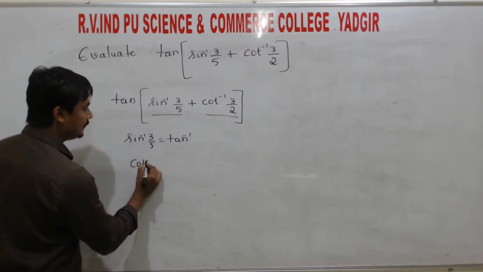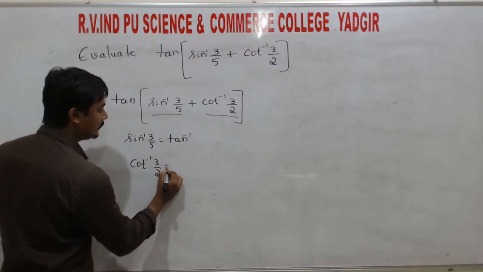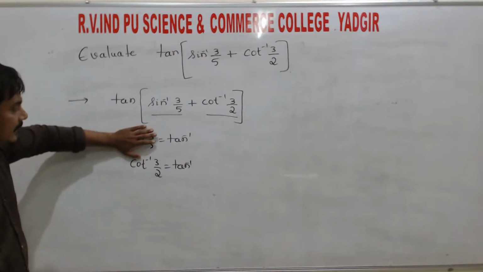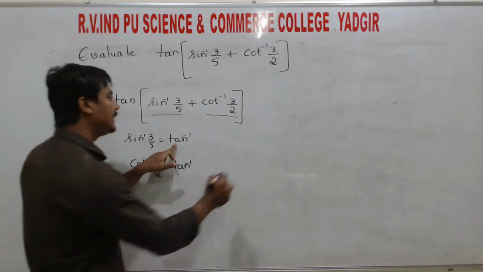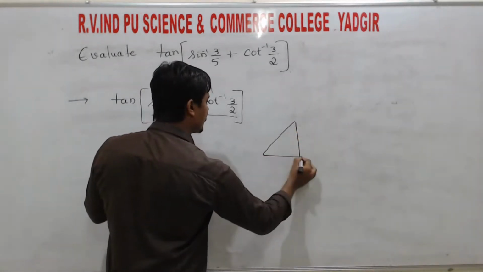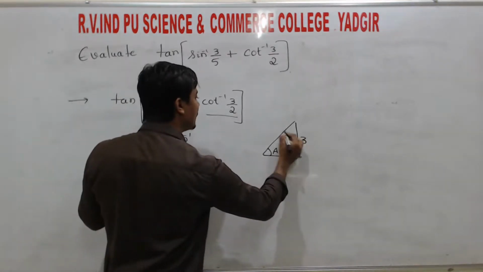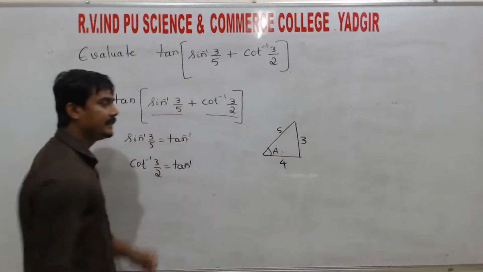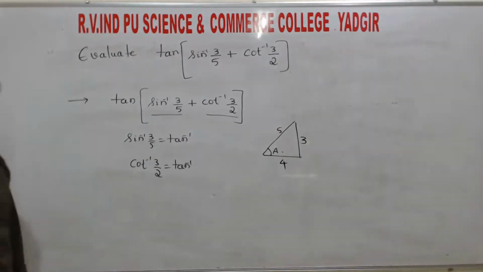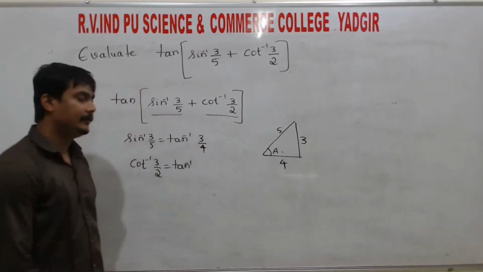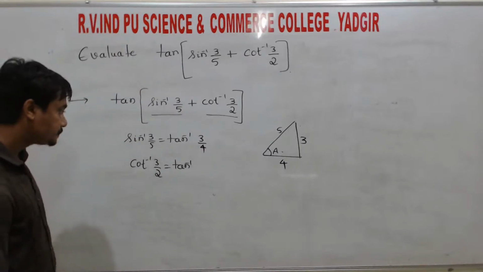We will take this as angle A. What is the sin theta formula? Opposite by hypotenuse. The adjacent side length will be 4. We remember the standard Pythagorean triplet. So in terms of tan inverse, it becomes tan inverse of 3 by 4.